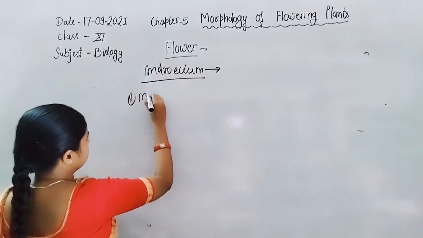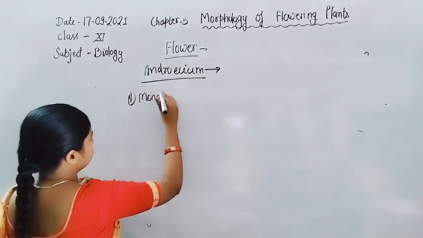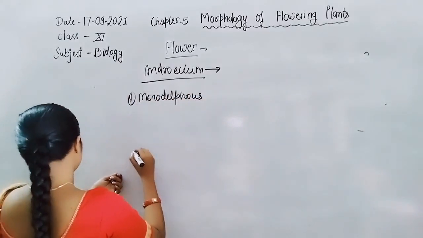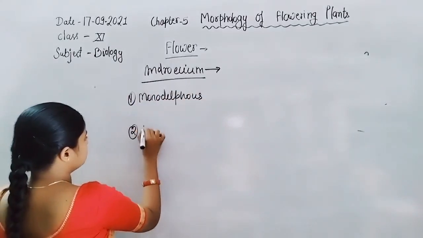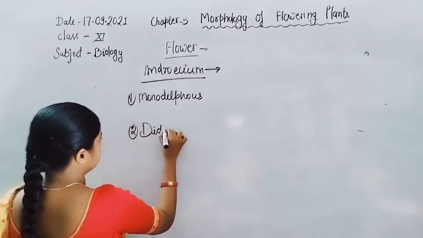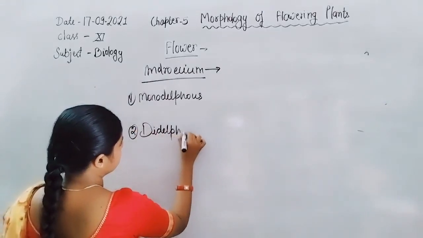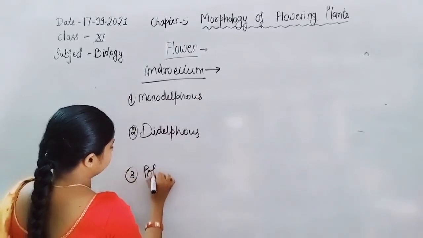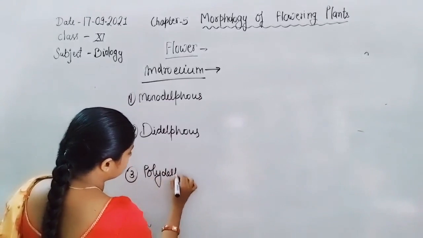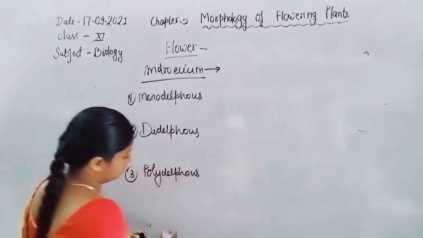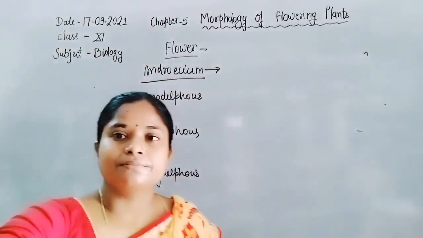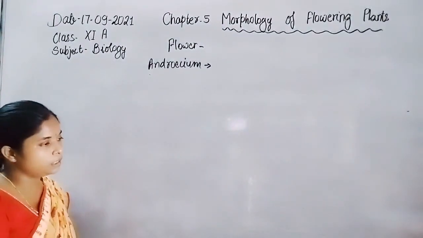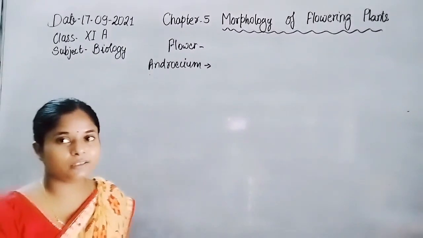First is monodelphous, second is didelphous, and the third is polydelphous. On the basis of the presence of Androecium in a bundle, they are divided into different types.